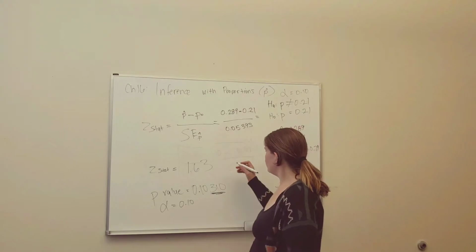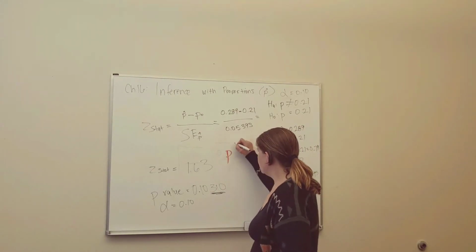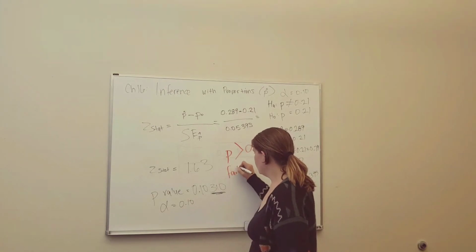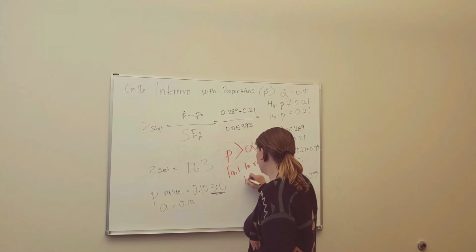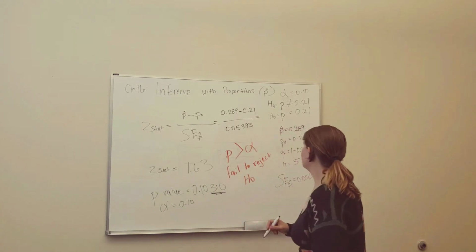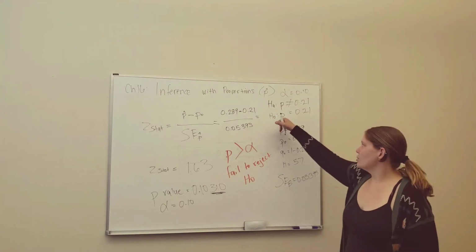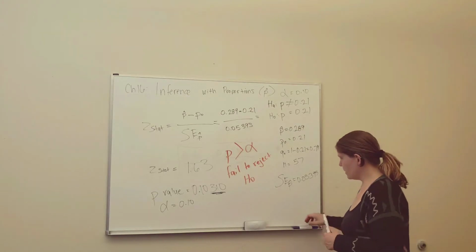So the rule of thumb is if your p-value is greater than alpha, you fail to reject the null hypothesis, which means we don't have sufficient evidence to conclude that the proportion is different than 0.21.